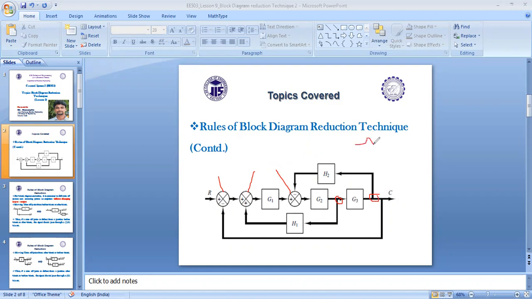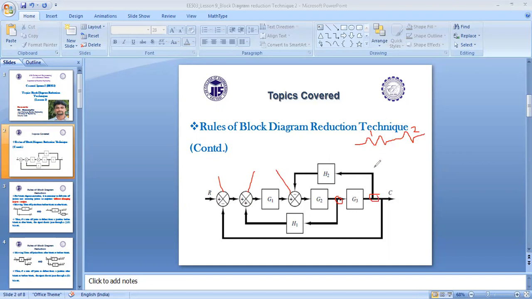Now, what happens? Suppose you have these two resistors, resistor 1 and resistor 2. These two resistors are connected in series combination.